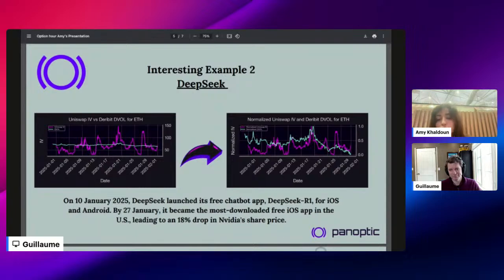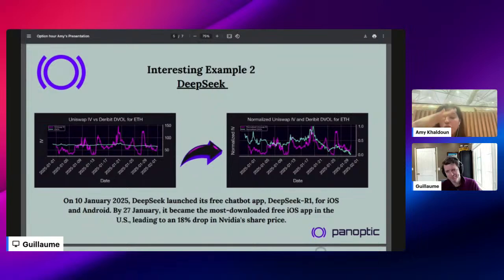Higher Uniswap IV can indicate, for instance, low liquidity depth, or higher Deribit IV could reflect a risk-off sentiment. So comparing both can signal whether volatility is being driven by trading activities or risk aversion.